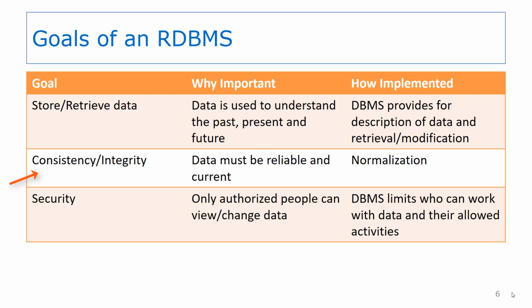Finally, data security is a critically important goal. Ideally, only people with a need to know would be able to access or change data in any database system. To help achieve this goal, the RDBMS system has built-in features to assign permissions to tables and indicate the degree of access that a designated user or group of users will have.